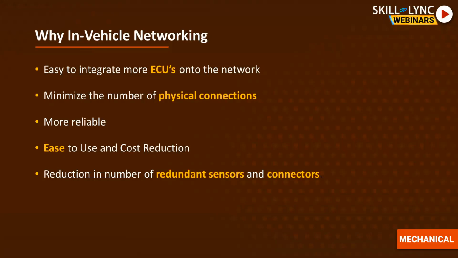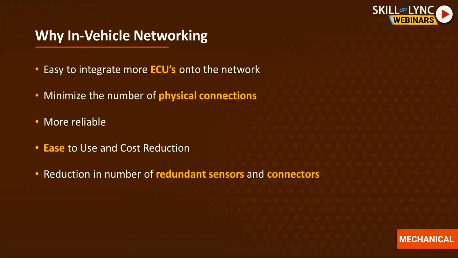Third, it is more reliable, as I explained, given the difference between the old and the new vehicle networking. It is more reliable to use as of now. It is easy to use, and there is cost reduction also because of the above two points. Even if I decrease the cost by 10 rupees, there will be a huge impact on the market side, because if we produce lakhs of cars, the 10 rupees matters for us.